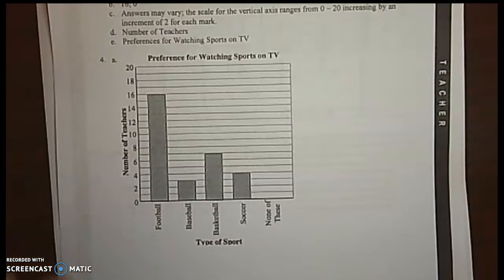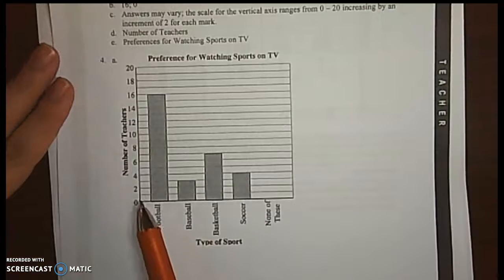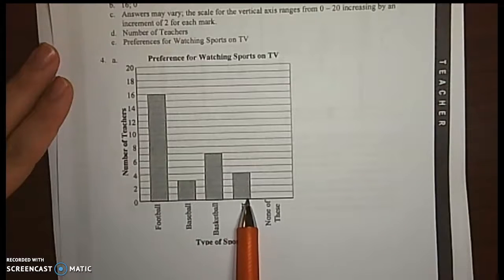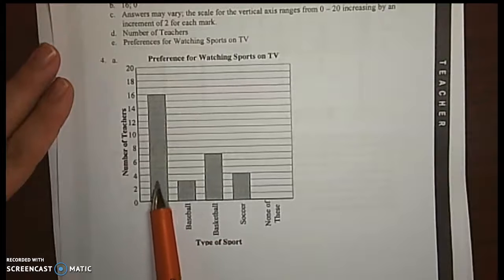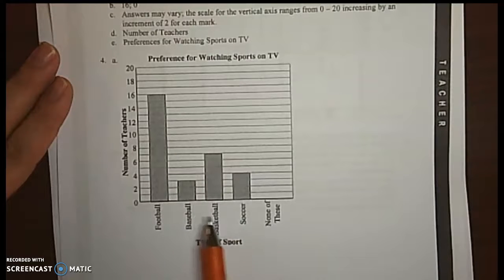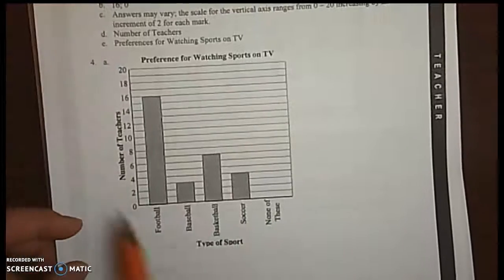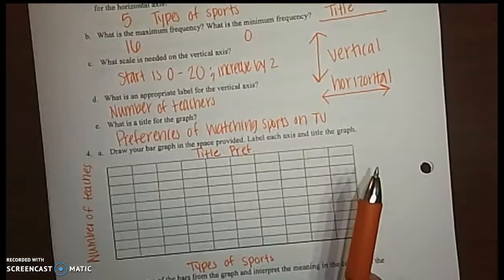That is very important in a bar graph. When we come back and talk about histograms, that's going to be completely different. But for a bar graph, you space out your bars completely evenly, and you put them directly above whatever category you're discussing. So we are finished with that bar graph.